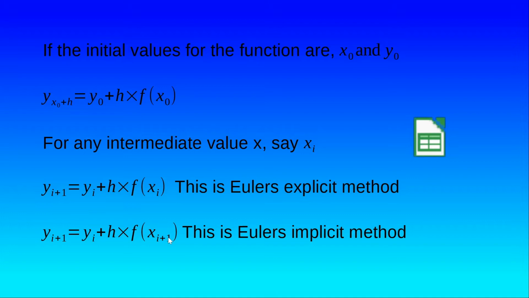To solve any differential equation numerically, you do have to give the boundary values. They may be the initial conditions, the mid conditions, or the end conditions. So let's say, for argument's sake, we have the initial conditions, that is x0 and y0. Euler's method is useful only if you have the initial values available to you.